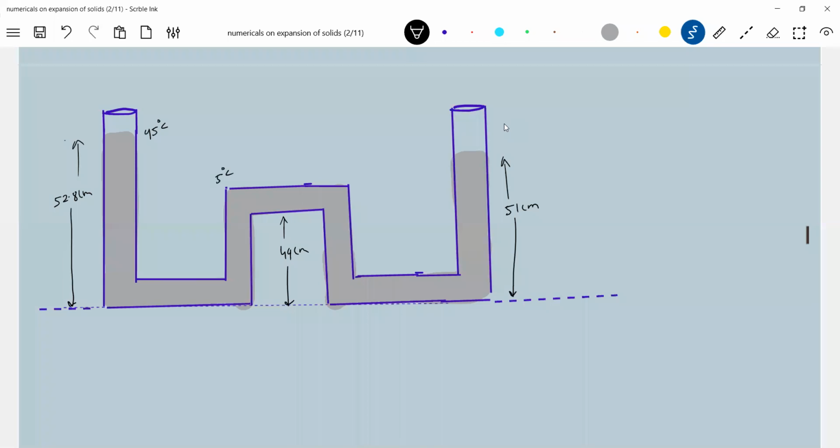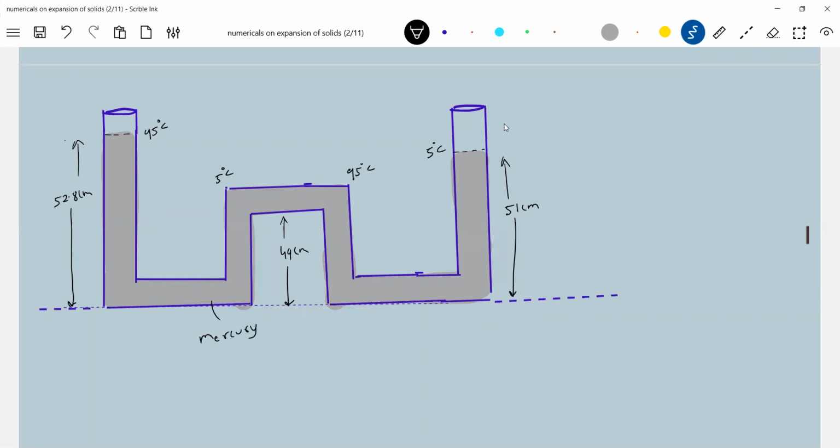This is 5 degrees Celsius. This is 95 degrees Celsius of this liquid column, and this one is 5 degrees Celsius. They are maintained like this. You can see the height. So there's mercury filled up here.